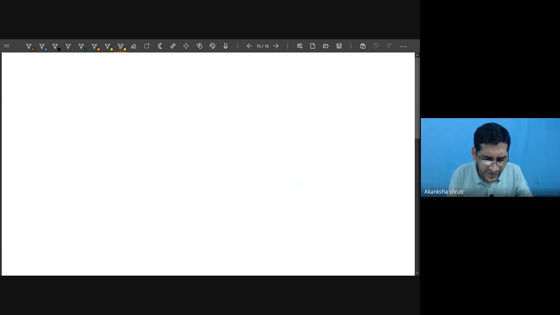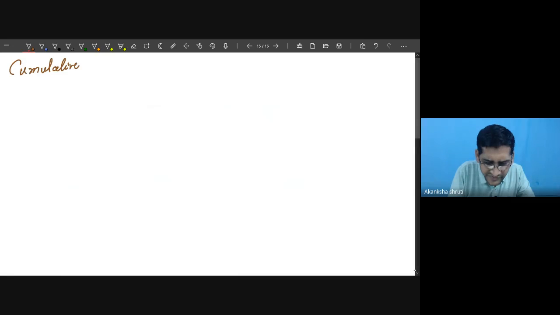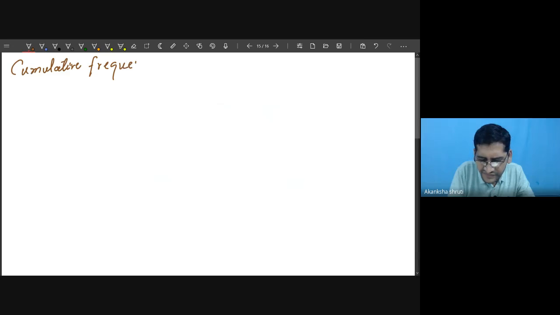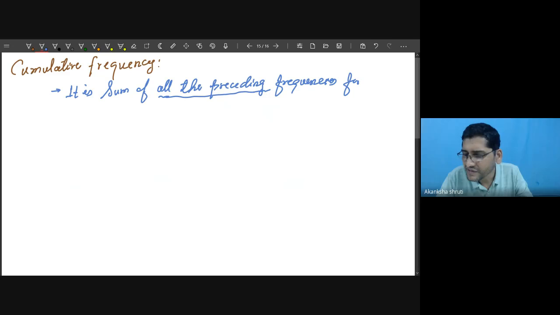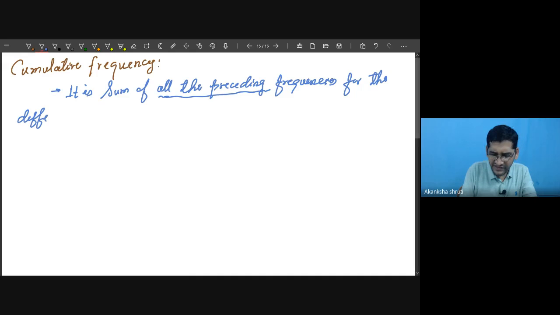So, cumulative frequency is the sum of all the preceding frequencies, whatever the preceding frequencies are, for the different data or observations below that or even up to that.